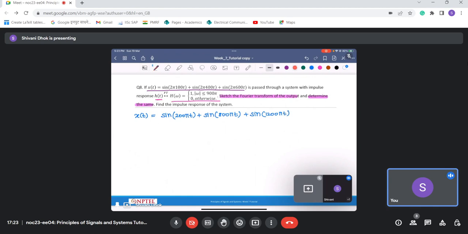And in the previous questions we had seen that sin(ω₀t) has a Fourier transform of π/j [δ(ω − ω₀) − δ(ω + ω₀)].